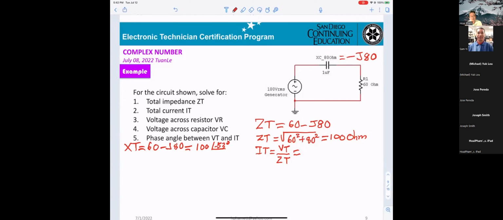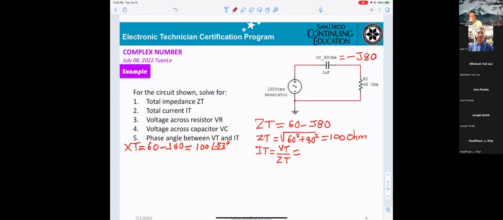I can try to repeat that for you right here. Basically that is R, and that will be XC. Then you have to draw the phasor.